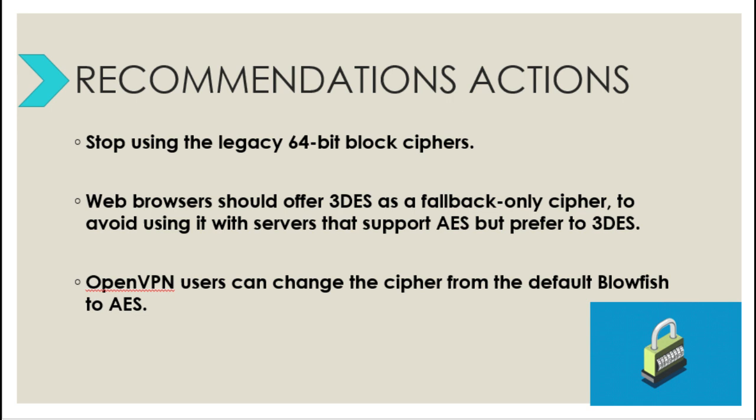OpenVPN supports two different modes to generate a session key to encrypt the message. The first one is pre-shared key mode, where a static key is used for all the traffic and there is no limit to the lifetime of those keys. The second one is TLS mode, transport layer security, where session keys are generated with a transport layer security handshake using a certificate to authenticate the peers. The session keys are updated periodically.